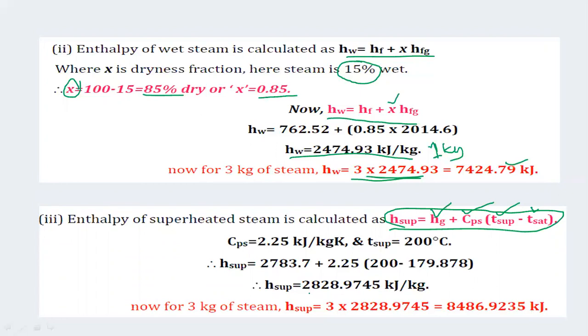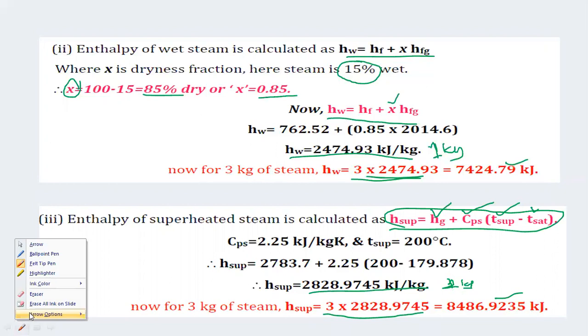Again, even this value which you are getting here, H sup, you are getting for what? You are getting for 1 kg. So for 3 kgs, how much value you need to get? Multiply by 3, you get the total answer. In this way, we need to find out the enthalpy of the steam for the value of 3 kg.